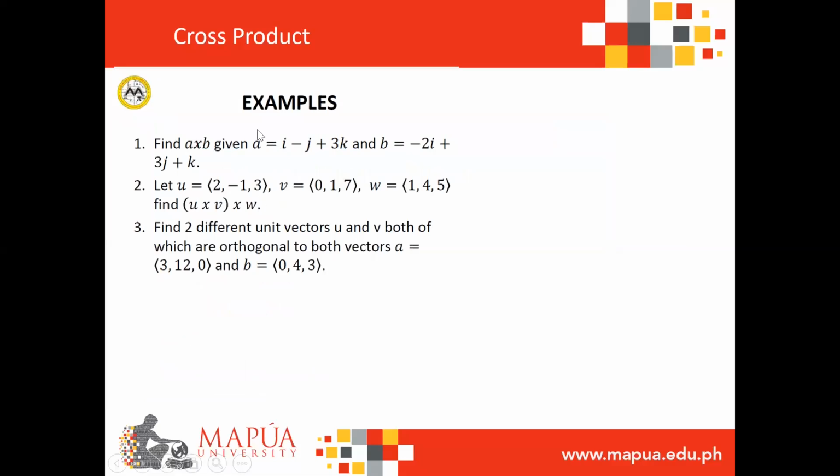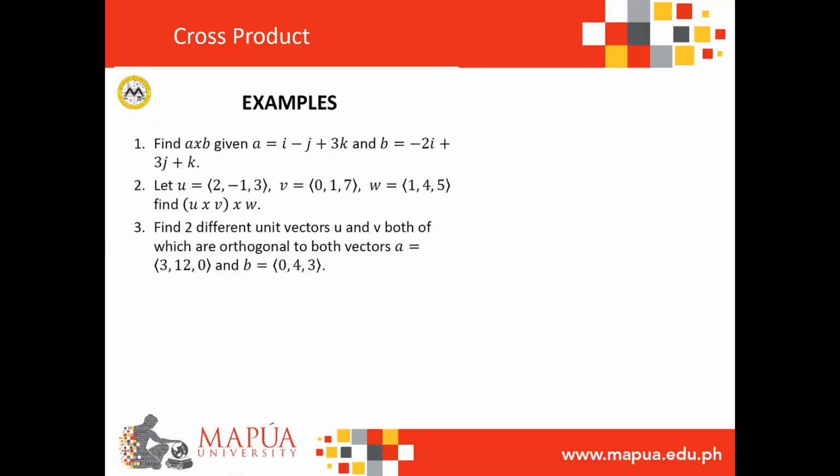Let us work on this example. It says here, find A cross B, meaning the cross product of two vectors A and B, given vector A equals i minus j plus 3k, and vector B equals negative 2i plus 3j plus k.